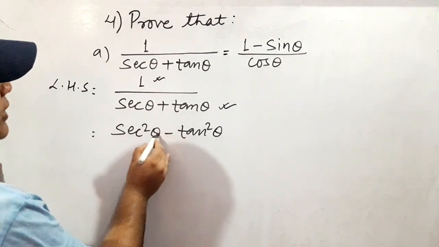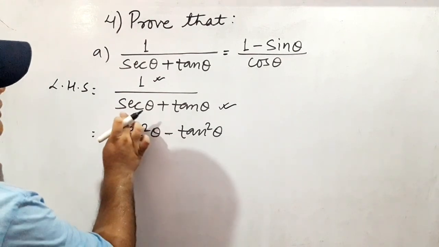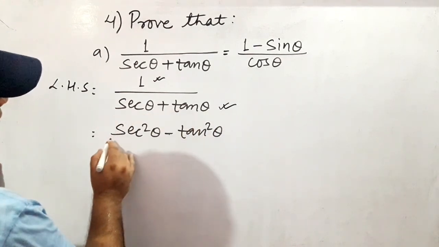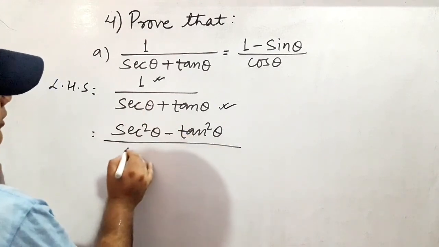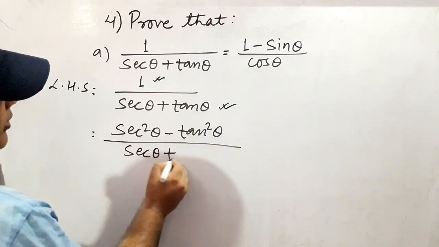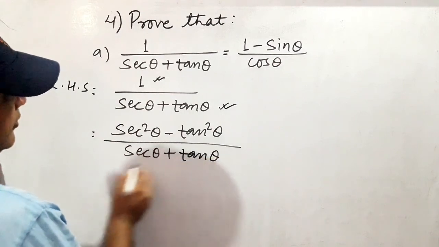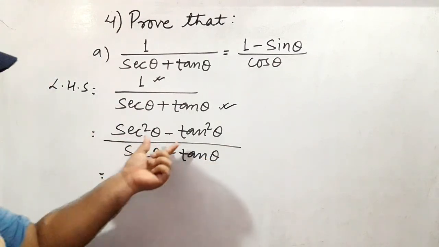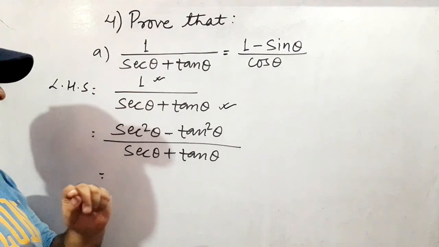I know the sec square theta minus tan square theta, by seeing this denominator, by sec theta plus tan theta. Now we can say that it's in the form A square minus B square.